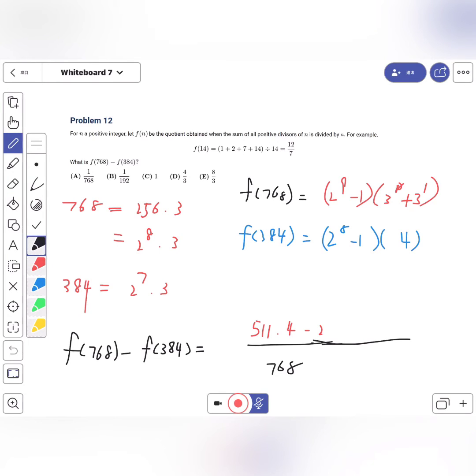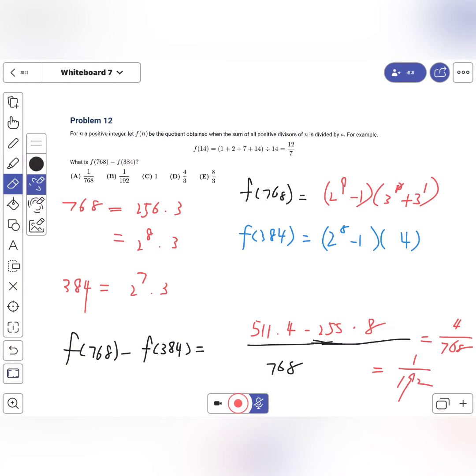Let me extend this line over here. So, check it out. This is equal to 4 over 768, which is equal to 1 over 192, and this gives us the answer choice B.